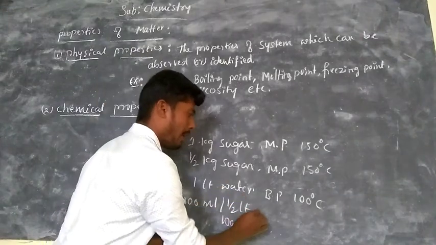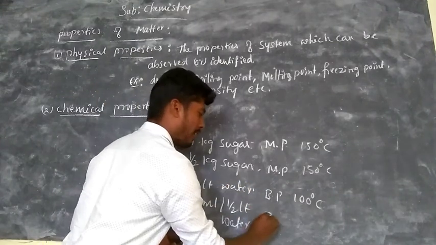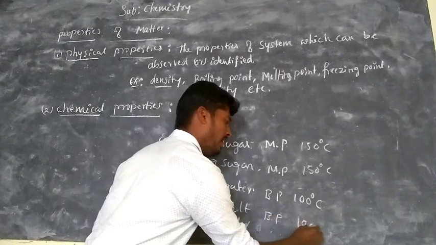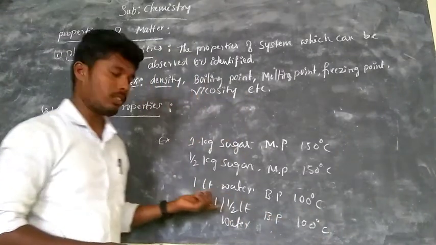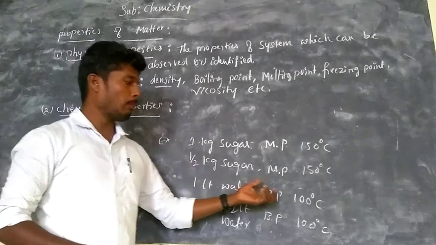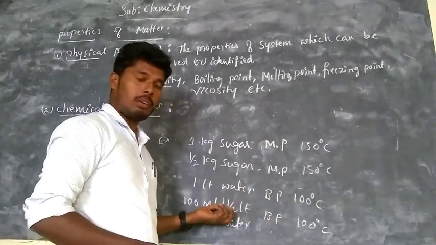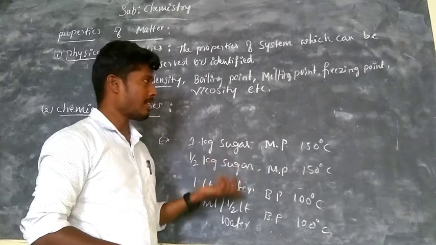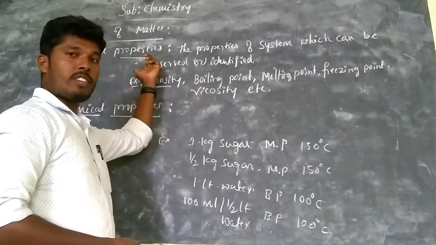What is the boiling point of water? That is only 100 degrees Celsius. If we change the quantity, the boiling point of water or any substance doesn't change. Such properties we call physical properties.